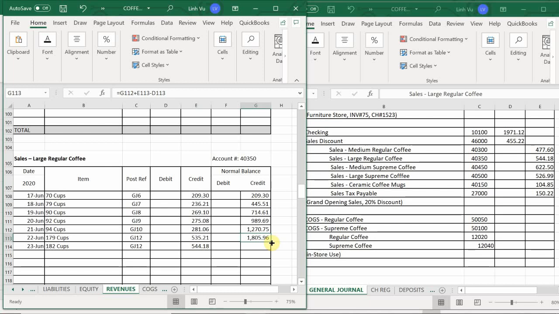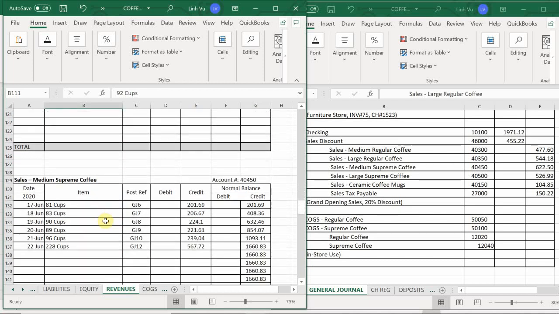Which brings my running balance to be 2350.14.